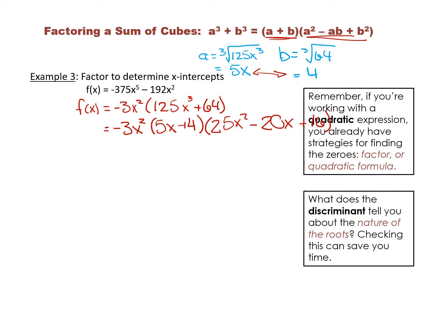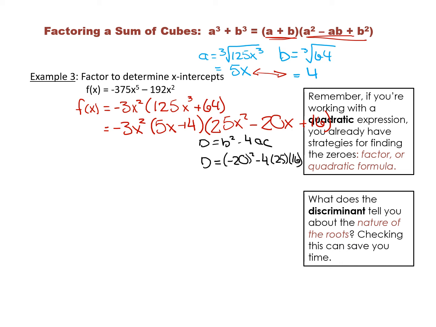Discriminant, remember, I'll put it underneath, the formula for discriminant is b squared minus 4ac. And that's the part that's under the radical sign of the quadratic formula. So let's just sub in here. b is negative 20, so negative 20 squared, minus 4 times 25 times 16.